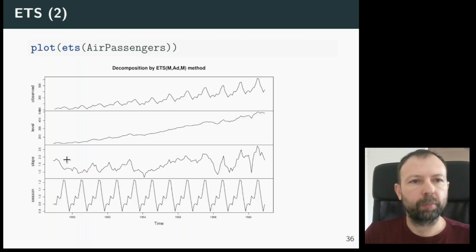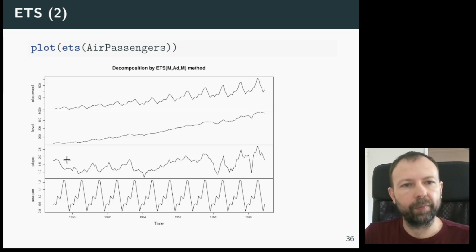If we just plot the ETS model, this is what the plot gives us. It gives us these components that ETS has extracted. So top is the observed one, and then you have the level, you have the slope, and you have the seasonality that is extracted.